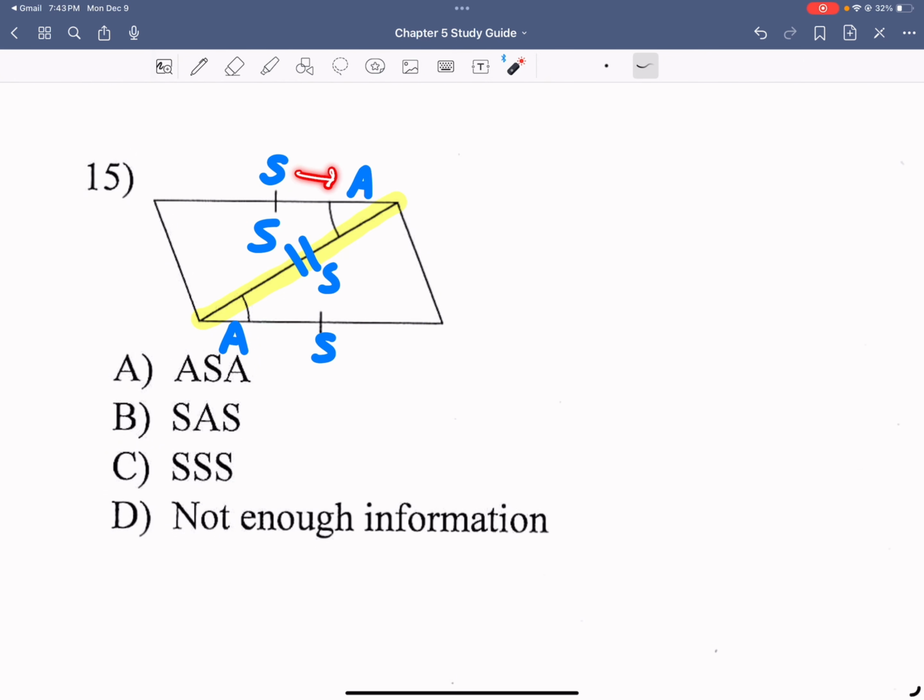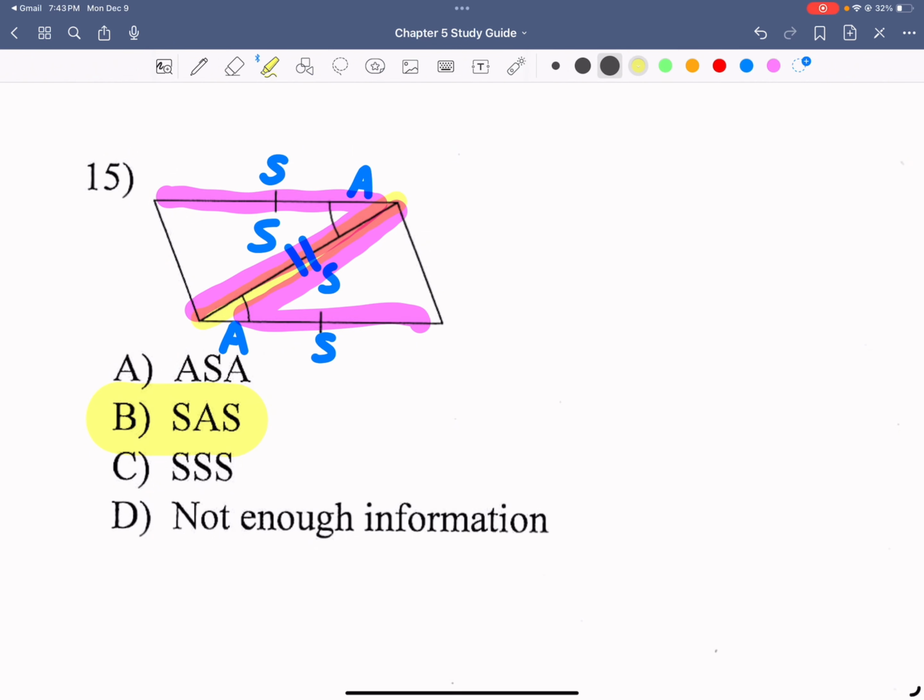This is SAS. This is SAS. You can't just jump across randomly. So SAS, SAS. Your answer is SAS. That's how you know they're congruent.